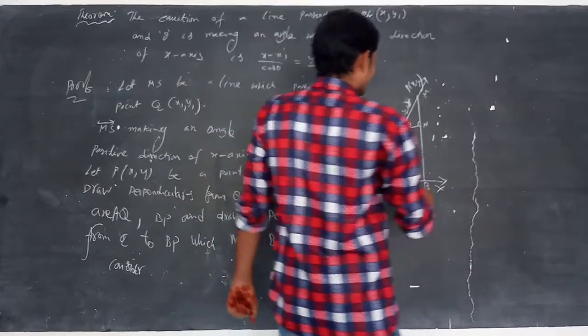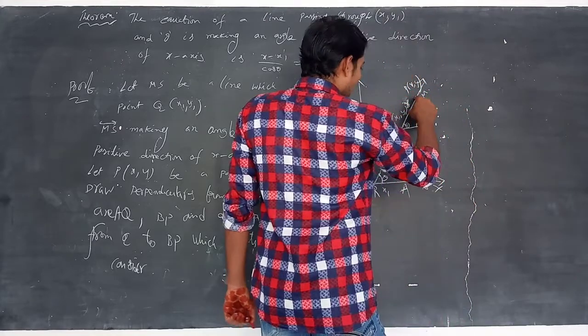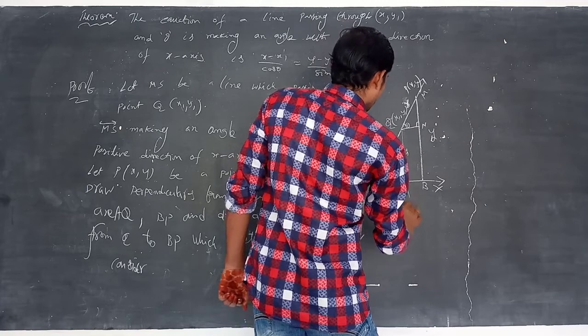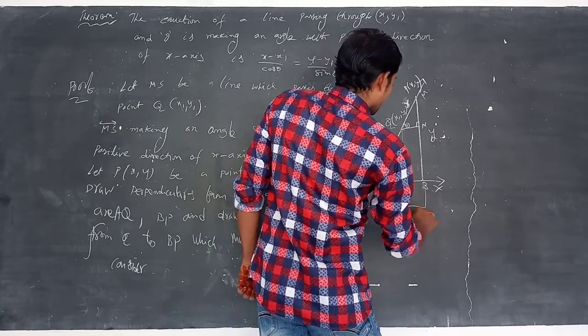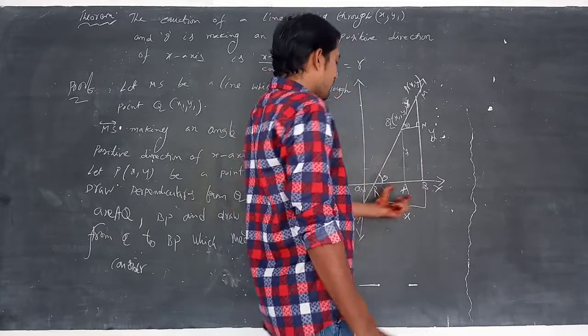Next, BP is equal to y, and OB is equal to x, but I want only AB.